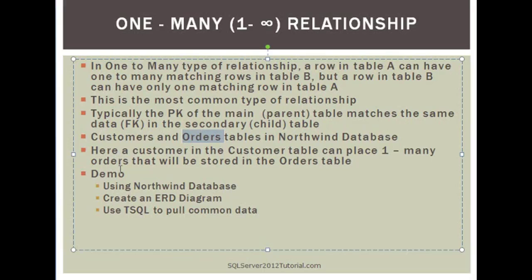We will take a look at that in a minute. But basically, a customer in the customers table can place one-to-many orders that will be stored in the orders table. Okay, so let's go ahead and look at a demo.